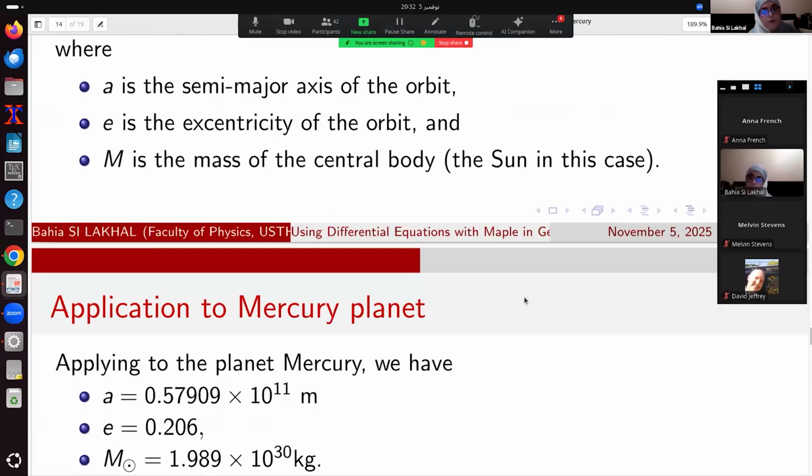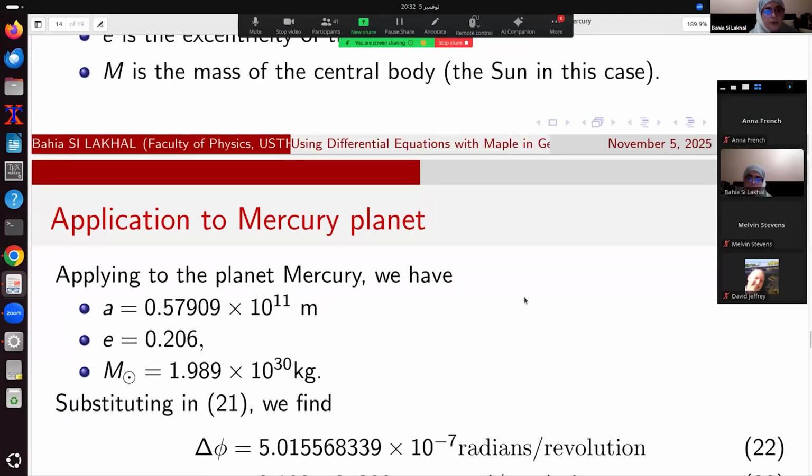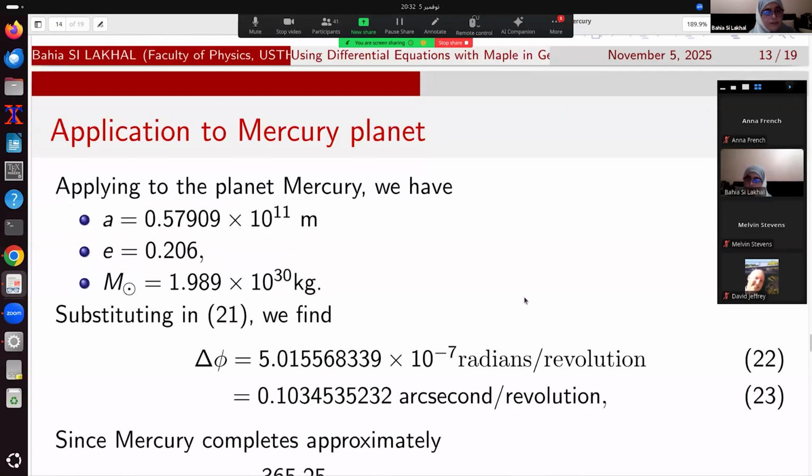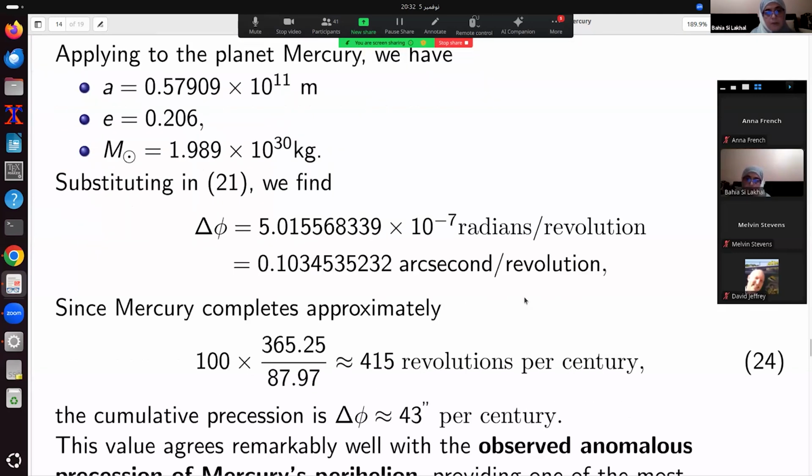Now, if we apply this to the planet Mercury, where the parameters a and e are given, we substitute these parameters in 21. We find delta phi equal to 43 arc seconds per century.